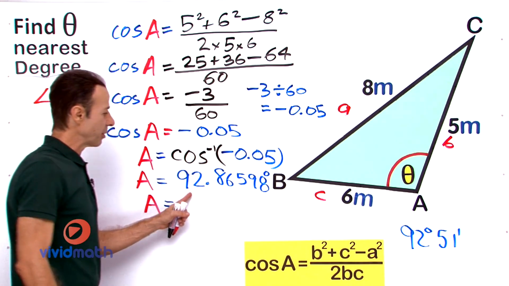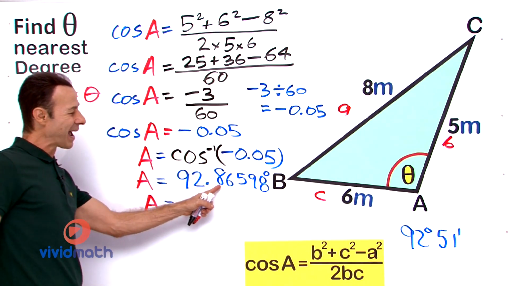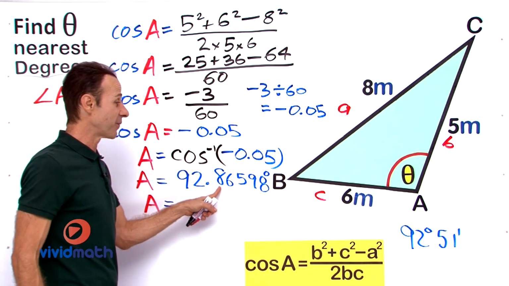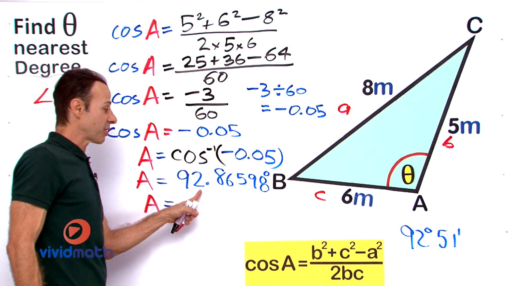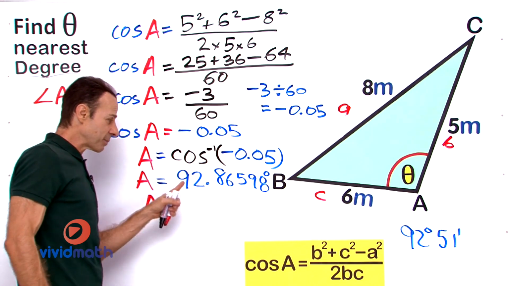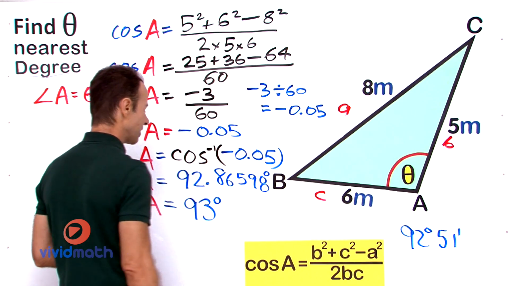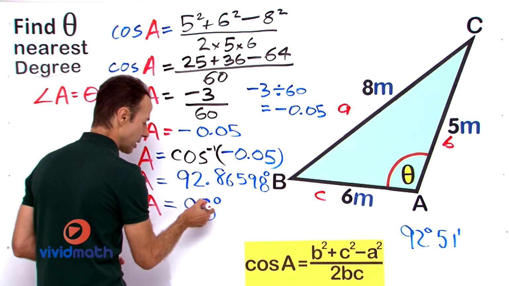Or you can stay with the decimal, 92.86, the 8 is greater than 5, so that's going to round up to 93. So it's not 92, it's going to round up to 93 degrees, because we want it to the nearest degree.